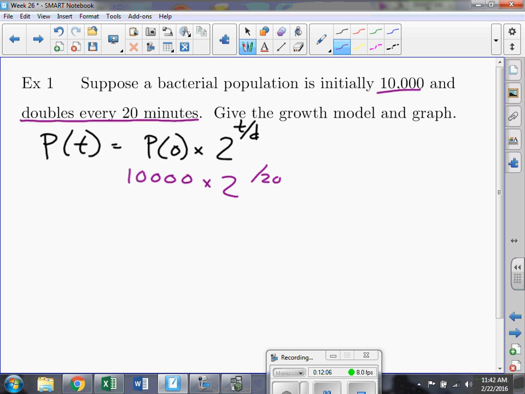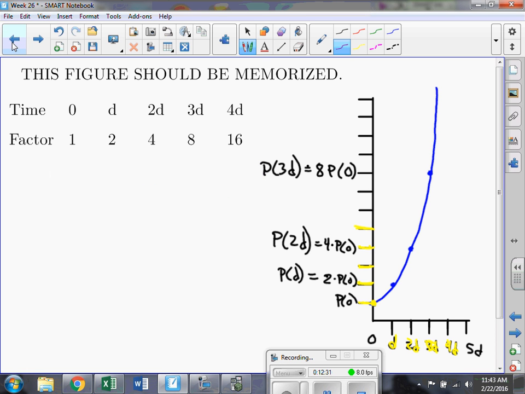Give the growth model and the graph. Well, this is our growth model. The population at some time in the future is going to depend on that argument of how far into the future we want to look. This piece in the purple is the growth model. Now let's create the graph. That graph is based completely on this. Please notice, 0, doubling time, 2 times the doubling time.